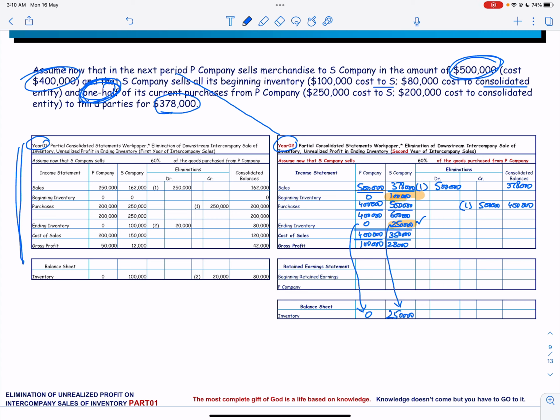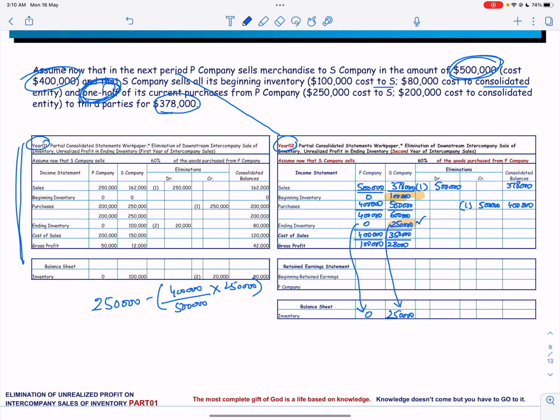That will be 250,000 minus cost to the parent company divided by the sales value of the parent company times 250,000.